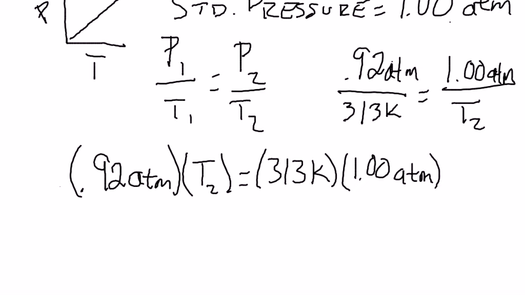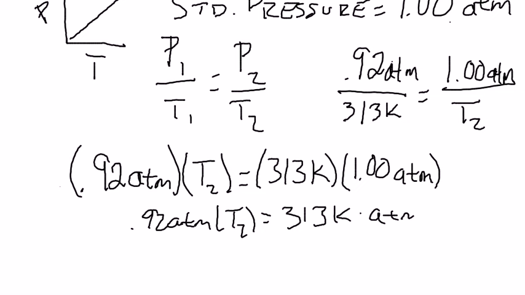All I did was cross multiply the numerator from one side by the denominator of another. And so now we can solve for the right side of this equation. It's 0.92 atm times T2 is equal to 313 Kelvin times 1 atmosphere, so 313 Kelvin atmospheres.